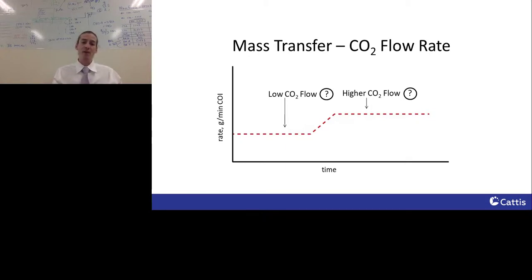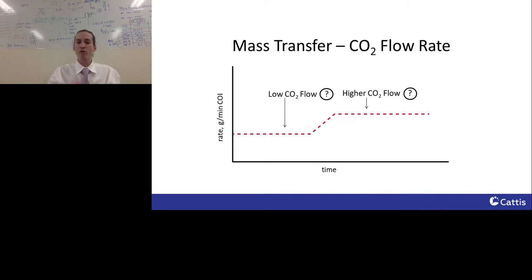And the third property is mass transfer, flow rate. And typically, one would think the higher the flow rate, well, the higher our rate of extraction is. And the lower the flow rate, well, the lower our rate of extraction would be. And I have question marks on the graph here. And the reason being is I do believe that that is true when we're speaking in terms of the mechanical region of the extraction curve.